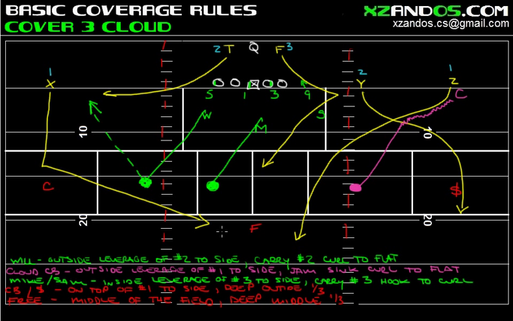And then, depending if the will vacates, or he feels that post coming behind him, he may feather out over there into the curl. As you can see, I have him hook to curl.